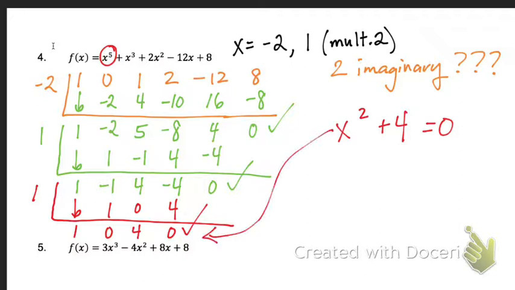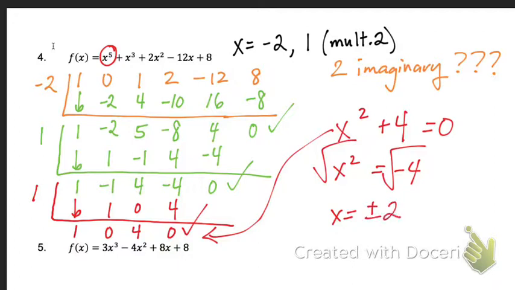But I don't need to factor it because I can just move the 4 over and then square root. So x squared equals negative 4. Here they come. x equals plus or minus 2i. Here are the i's.